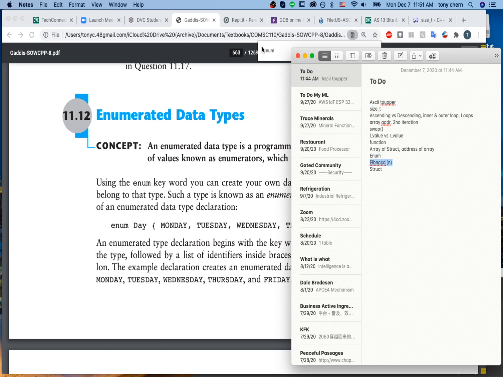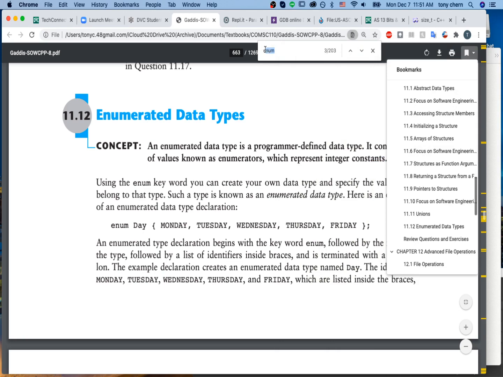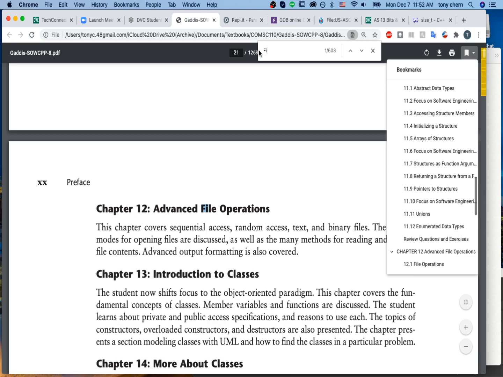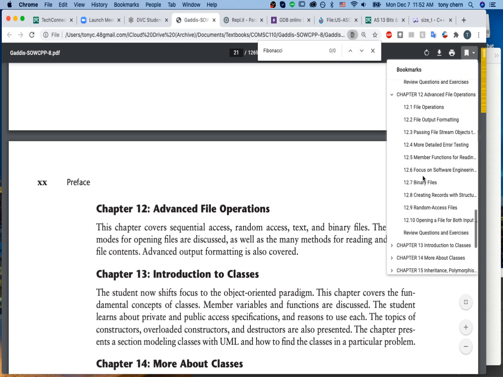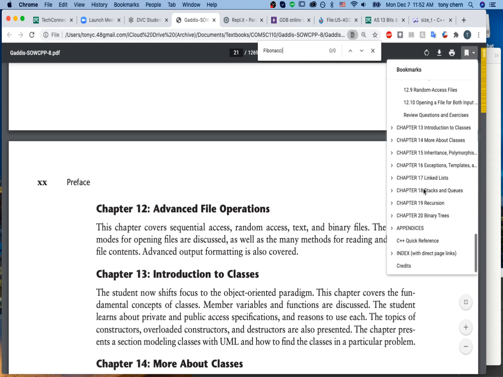That should be in chapter 19. I have a spelling issue: recursion.